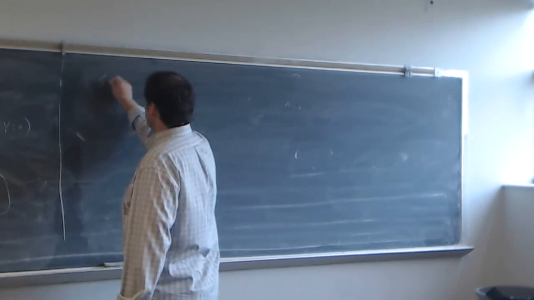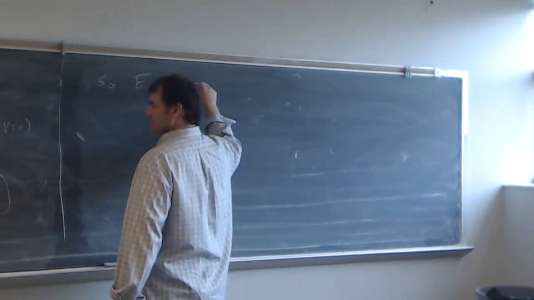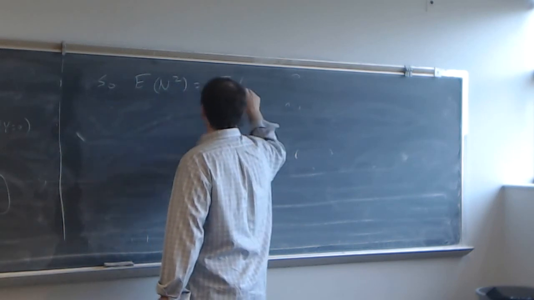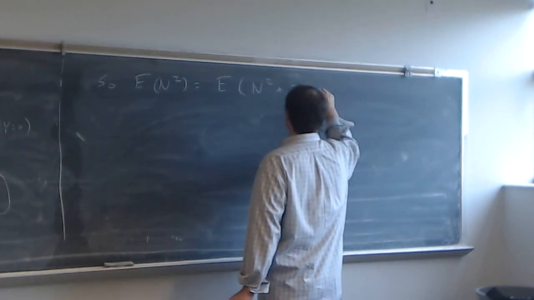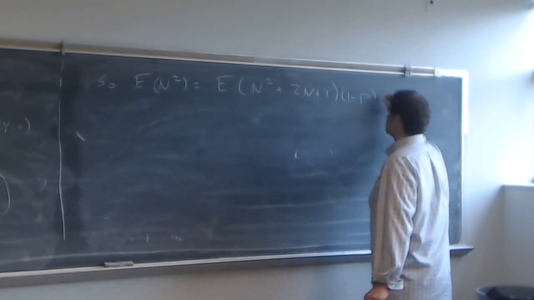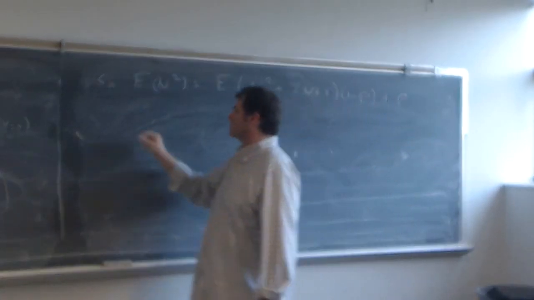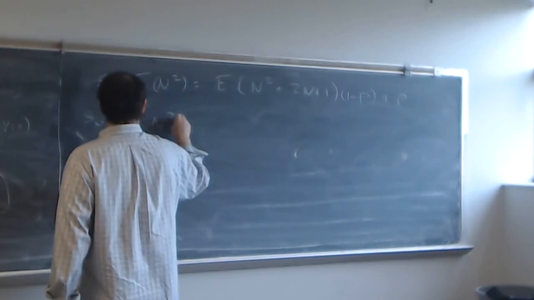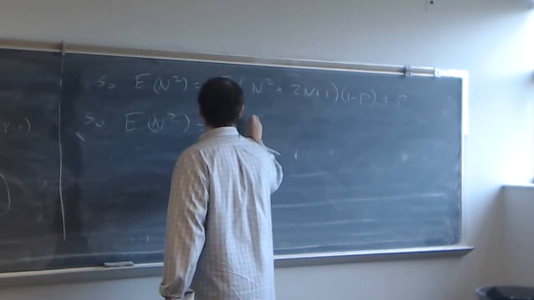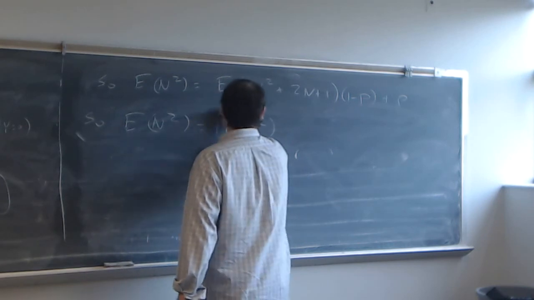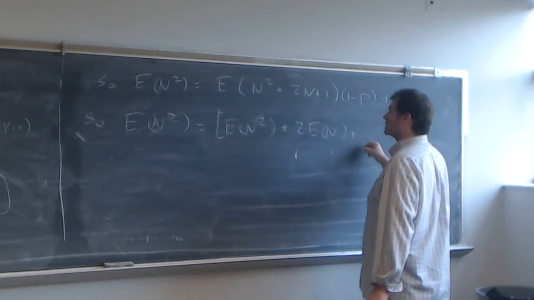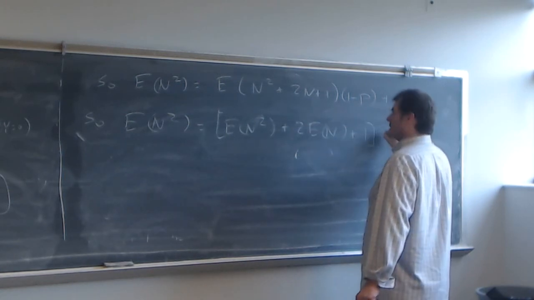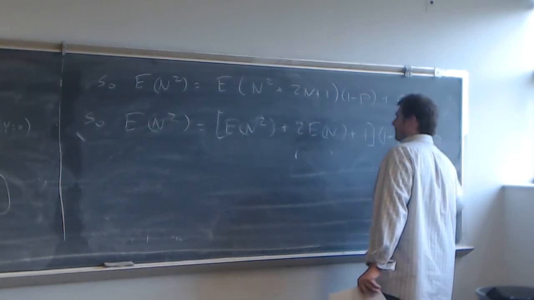All right. So let's see. So expected value of n squared, I'm just going to use algebra. This is expected value of n squared plus 2n plus 1 times 1 minus p, plus p. So the expected value of n squared is equal to the expected value of n squared plus 2 times the expected value of n plus the expected value of 1, which is just 1, times 1 minus p, plus p.